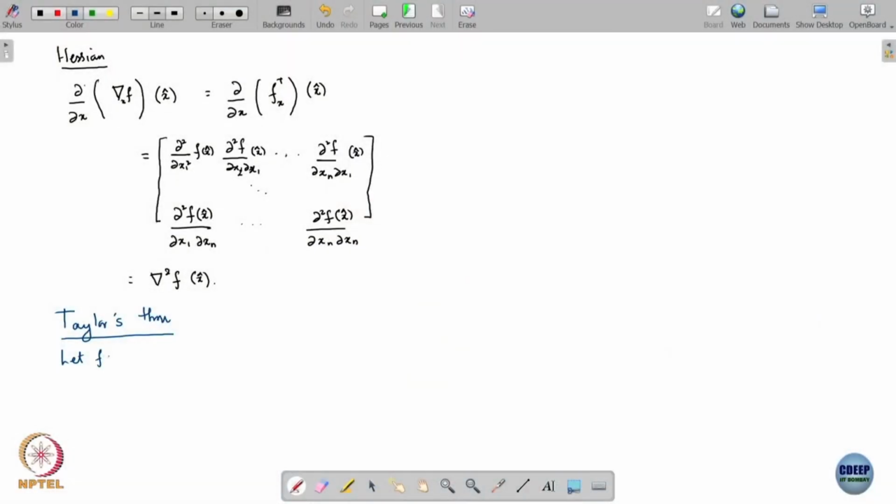the theorem is the following. Let f from Rn to R be a differentiable function.